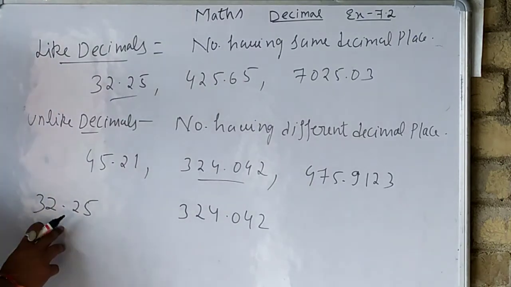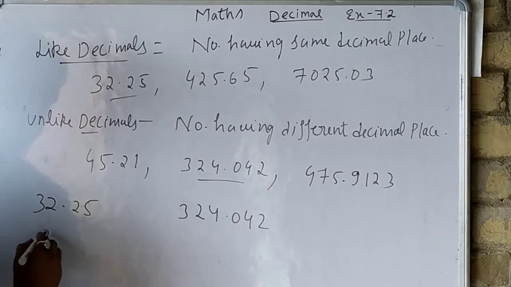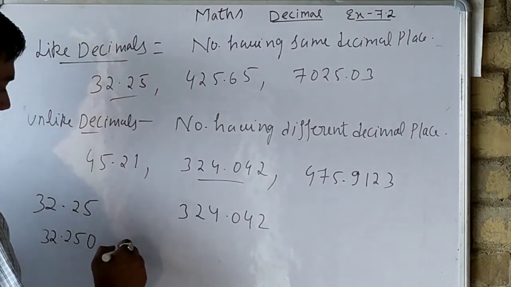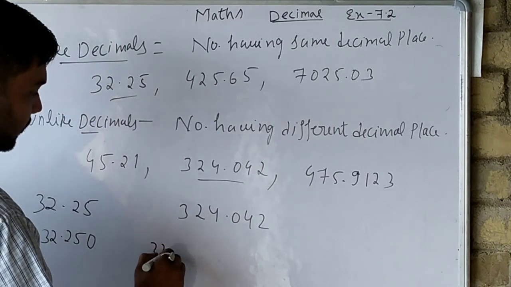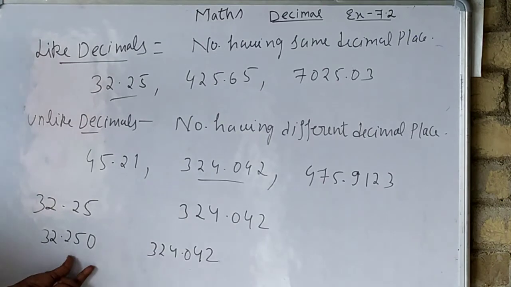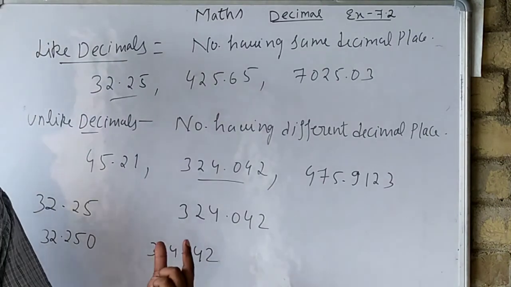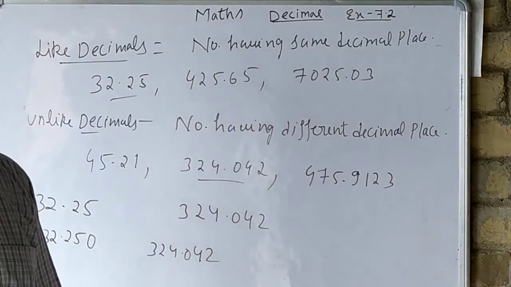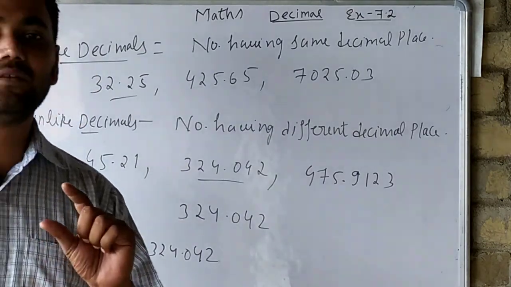How? We can place one zero in this: 32.250, and this value 324.042. Now here we have three decimal places and here also three decimal places. So they have been converted to like decimals only by placing 0.